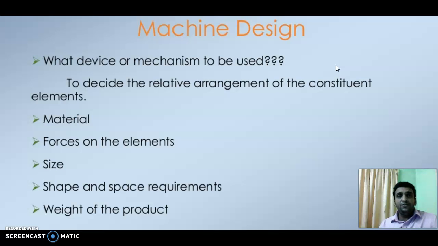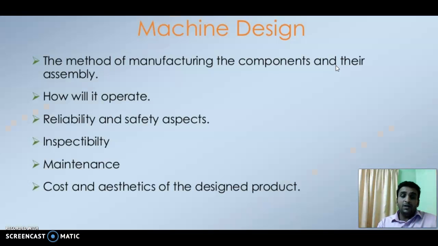That is different forces, compressive force or tensile force or shear force, likewise different forces in a material, because it is a mechanical component. So we have to analyze what the different forces are. Then size, what will be the size of our product. Then what is the shape and what are the space requirements, where we can place our product. Then how much weight will come in our product.